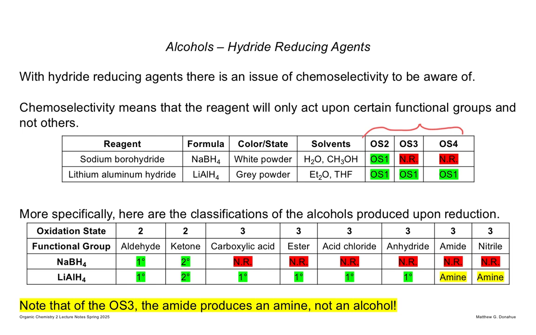So it only acts on aldehydes or ketones. If it sees an oxidation state 3 functional group, it's not strong enough to react with it. But lithium aluminum hydride is strong enough to take down anything. So oxidation states 2, 3, or 4 it will react with.